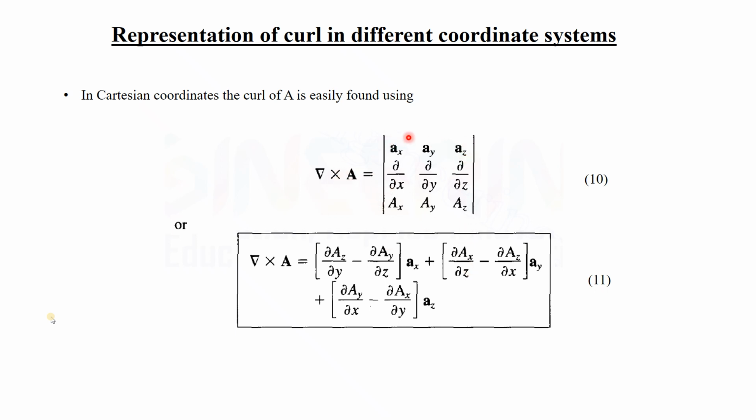Now if you are performing the cross product, then you have to perform it by calculating the determinant as you studied in your mathematics and basic physics. If you solve this determinant, you will get this equation. So equation number 11 represents the curl of a vector A in the Cartesian coordinate system.